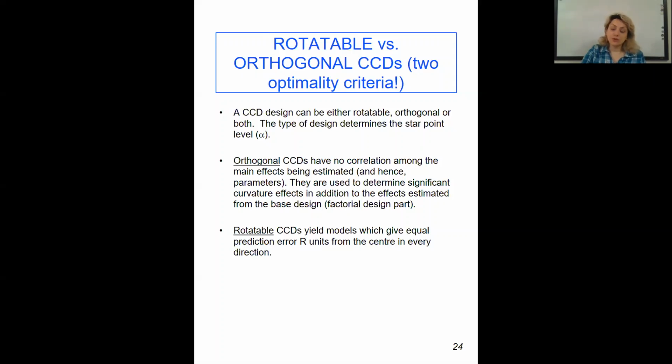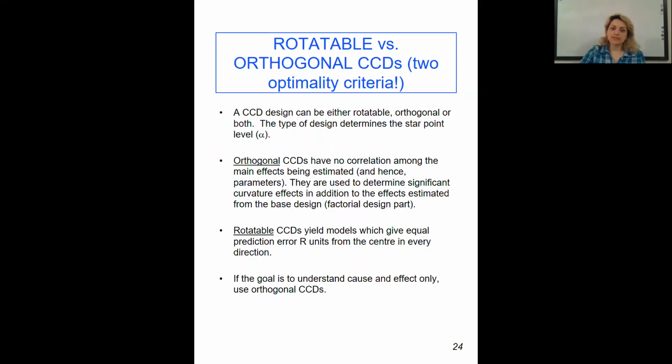Rotatable ones are very interesting. You can trust them a lot, in my opinion, because the variance doesn't change when you rotate them. Rotatable central composite designs yield models which give equal prediction error, let's say R units, from the center in every direction that you go. And because it gives you equal prediction errors, it's going to give you the same variance.